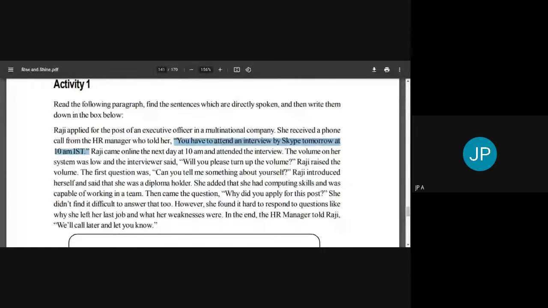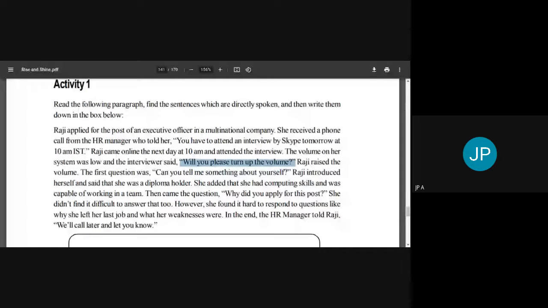So we can even make a list of those sentences which are directly spoken. Okay, the next one is this one. Will you please turn up the volume? So that is the second sentence which is directly spoken by someone.